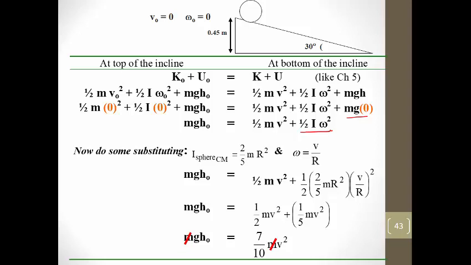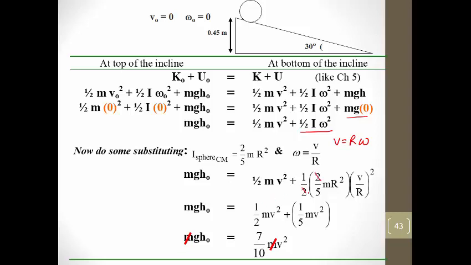2/5 mr squared. I'm going to get rid of my omega by just taking v equals r omega and setting it up so I can replace omega. Because in this particular problem, they told me about the velocity. Oh, sorry, we want to find the velocity. So now I can just combine these things.